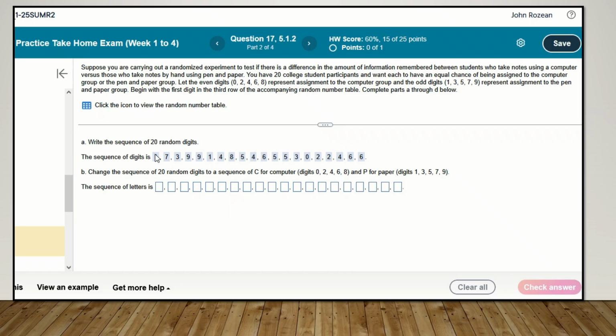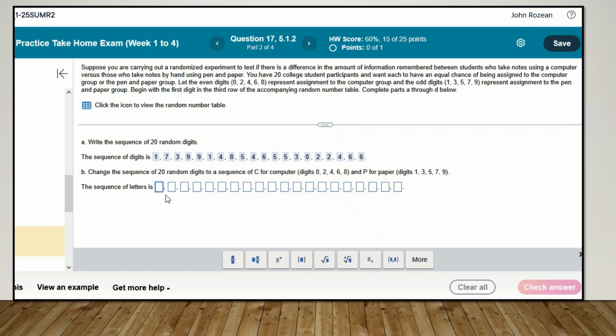Now all we got to do is take these odd or evens. Remember, computer is even, or C, and P is paper. So we got an odd, so that's paper. 7 is odd also, so that's paper. 3 is odd also, that's paper. 9 is odd, so that's paper. 9 again is odd. 1 is odd, and then here we finally have a computer group with the 4, an even number.